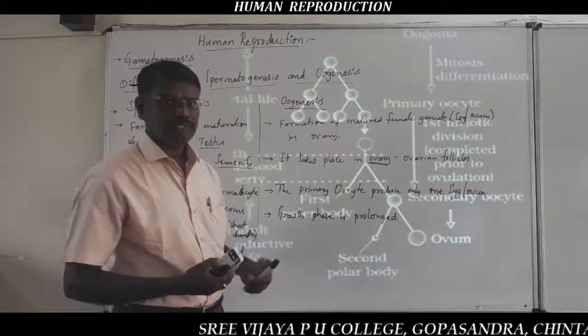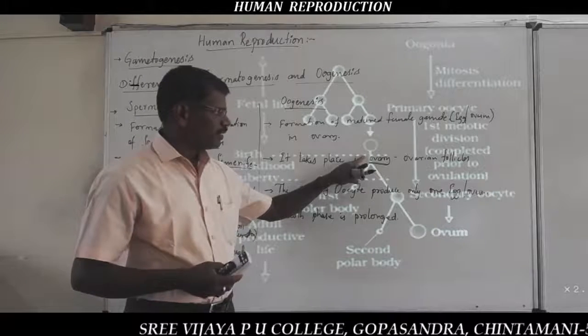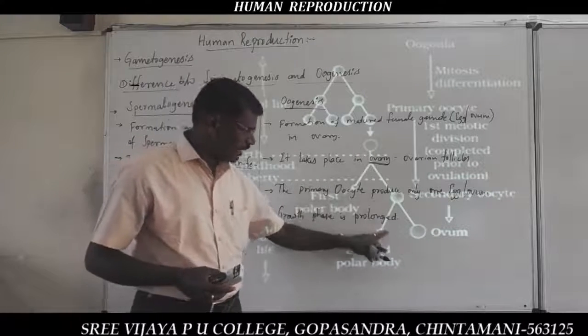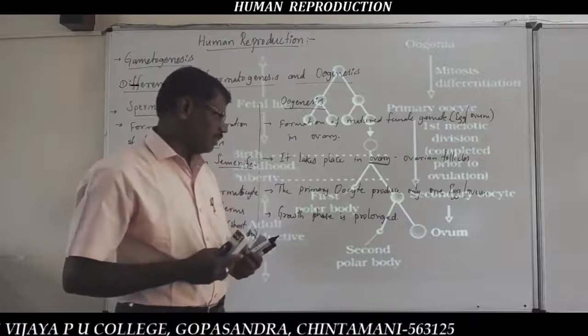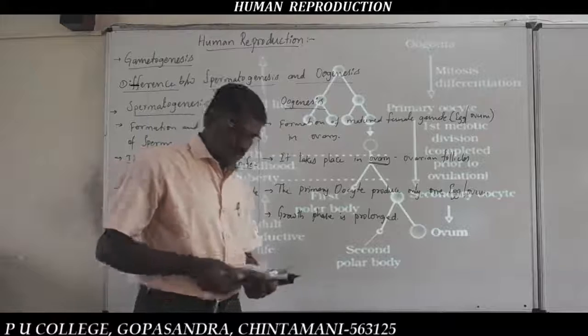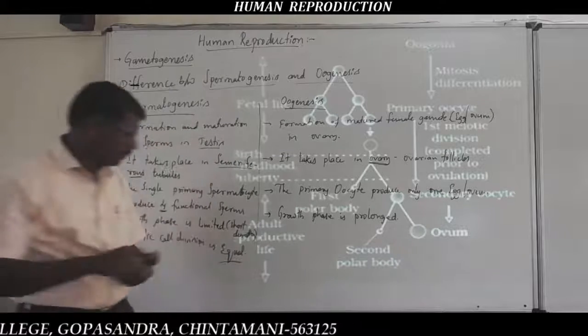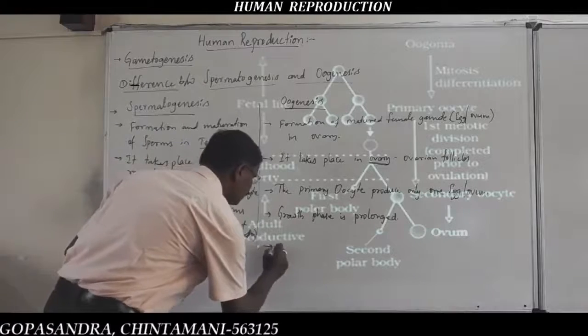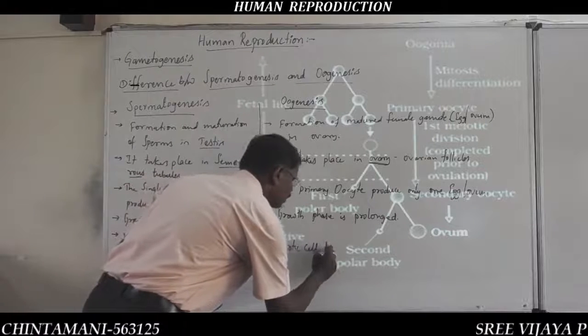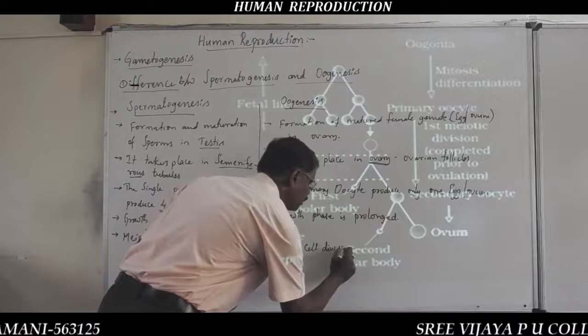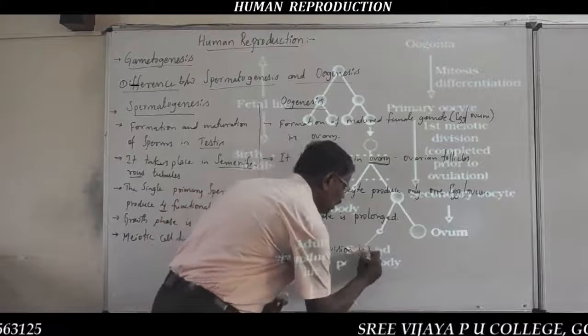Meiotic first cell division and meiotic second cell division are both unequal. Got it? So in oogenesis, meiotic cell division is unequal.